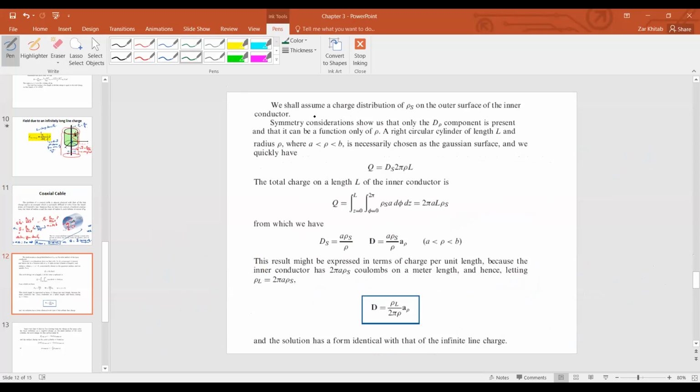So our charge is equal to D 2 pi rho L. This is the equation we found on the last page. Now, what is the total charge?